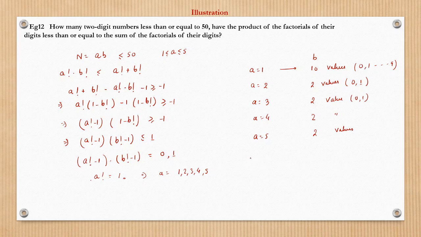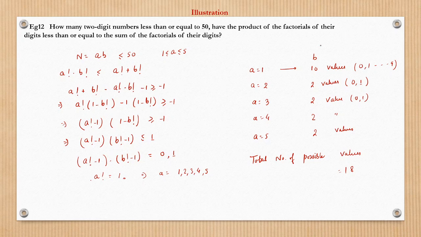So the total number of possible values is 10 plus 2, 12, 14, 16, 18. So it is 18 here, right? So total 18 cases are feasible.